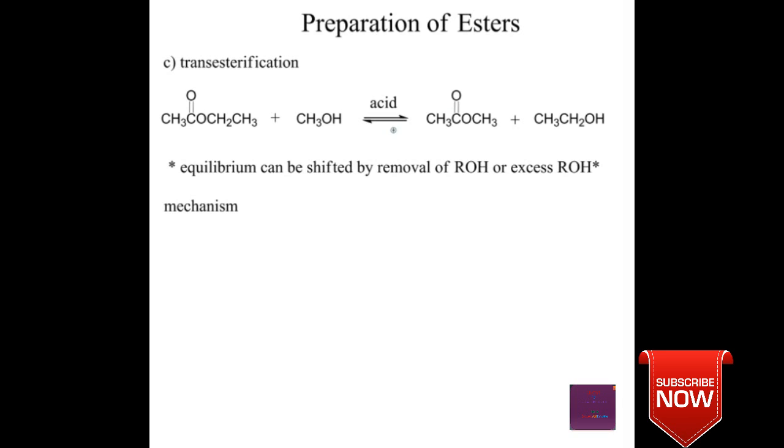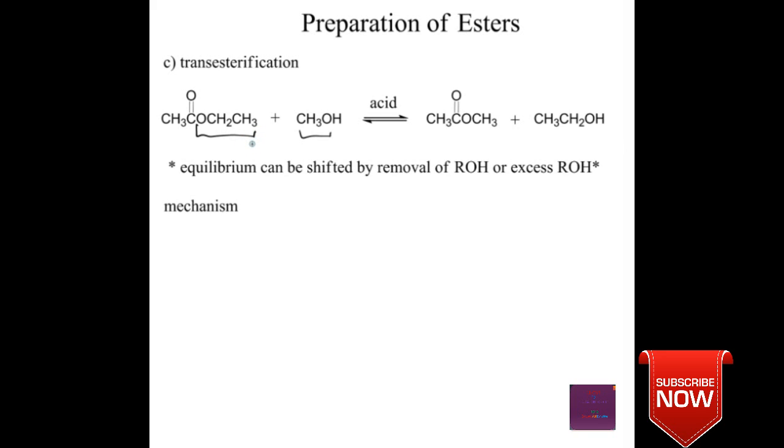So anytime you have a mismatch between the OR group of your ester and the OR group of your alcohol, we can get this swapping, we can get this substitution to take place. So if I didn't want this transesterification to take place, what would be a better solvent for me to use with this ester starting material? I would use ethanol as my solvent, and then this transesterification reaction wouldn't be a problem.